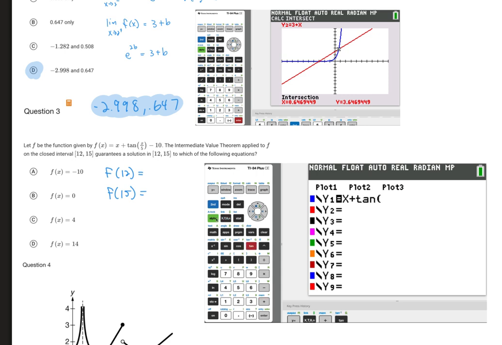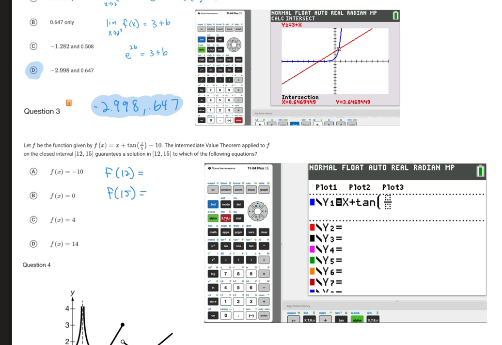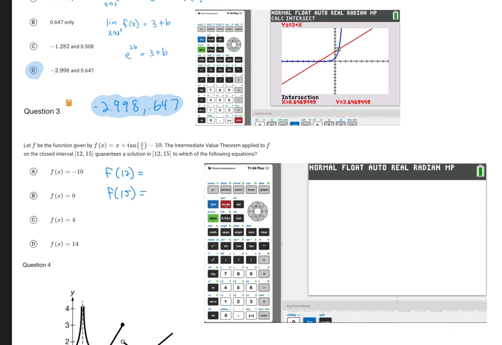So to create a fraction, hit alpha, and then the button next to it. See, that creates a fraction. So 5, get out of the denominator, hit right. Okay, so first thing is put the function into y equals, and then we'll go to a blank screen, and then second quit.